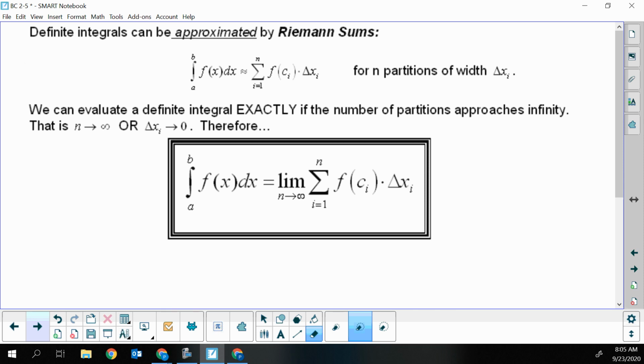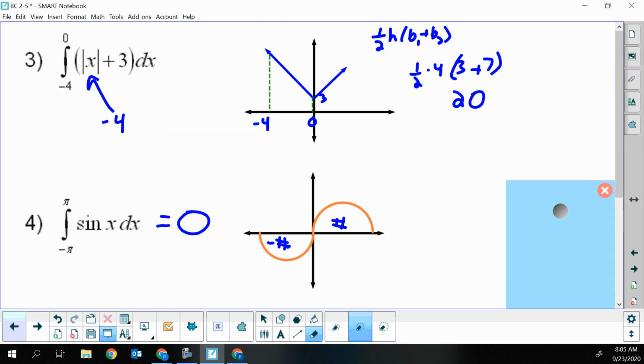Okay, so now on to a little bit more challenging stuff. Definite integrals can be approximated by Riemann sums. So these exact values of the integrals we were doing here are great if it's a shape that we can do an actual geometric formula for.